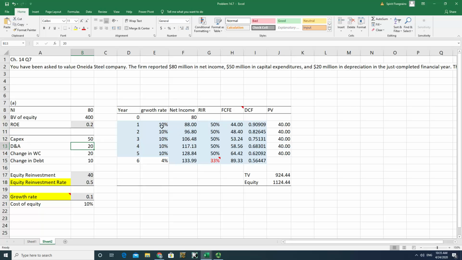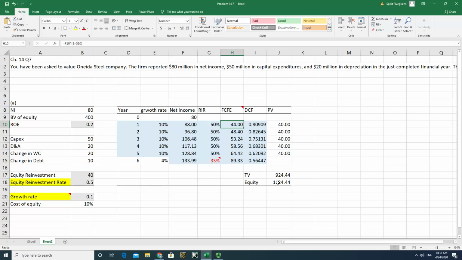And then you apply this growth rate to estimate net income, and then multiply net income by 1 minus the reinvestment rate. Reinvestment rate is also another estimate that I developed in the left table. And you can get this free cash flow to equity directly. And you discount free cash flow to equity to get present value as well as terminal value to reach the equity value. So that's the main framework for this problem solving.